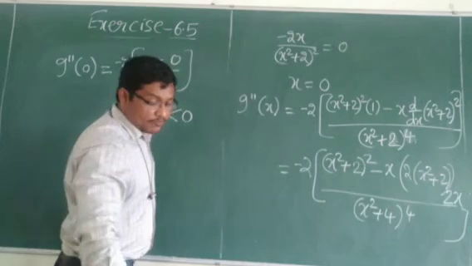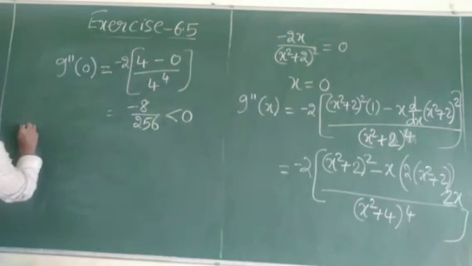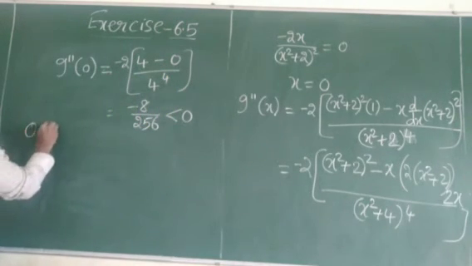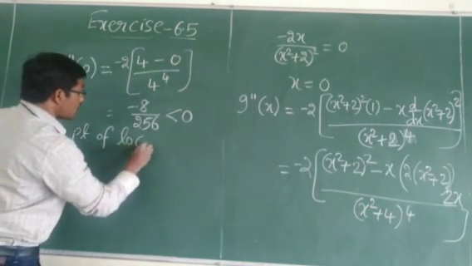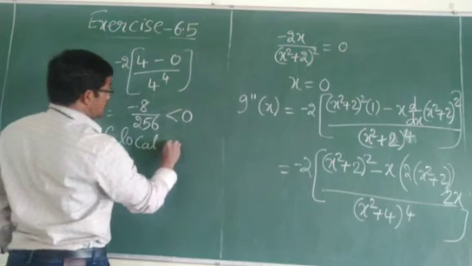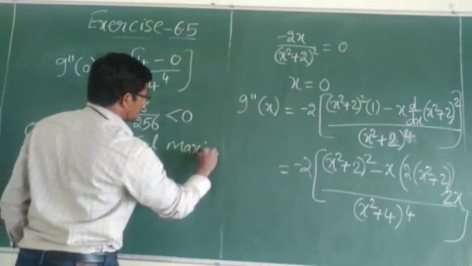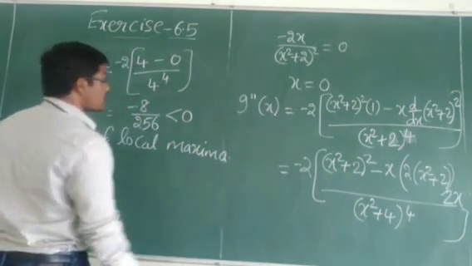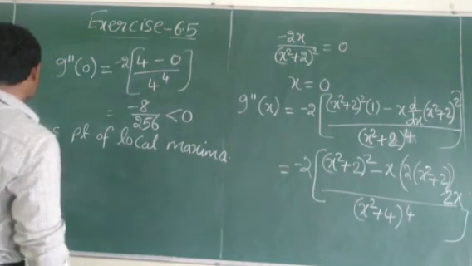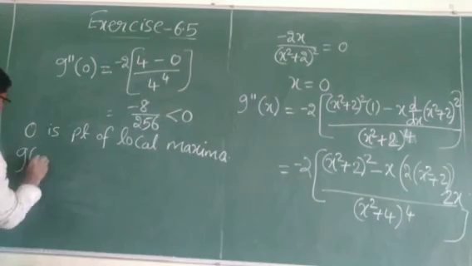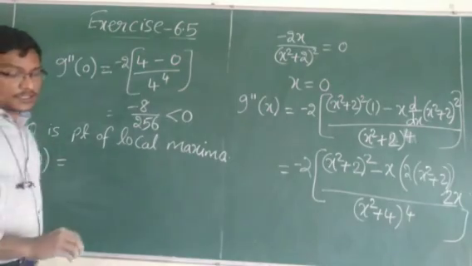That means 0 is a point of local maxima. And what is that maximum value? We can find it by substituting in the given equation.